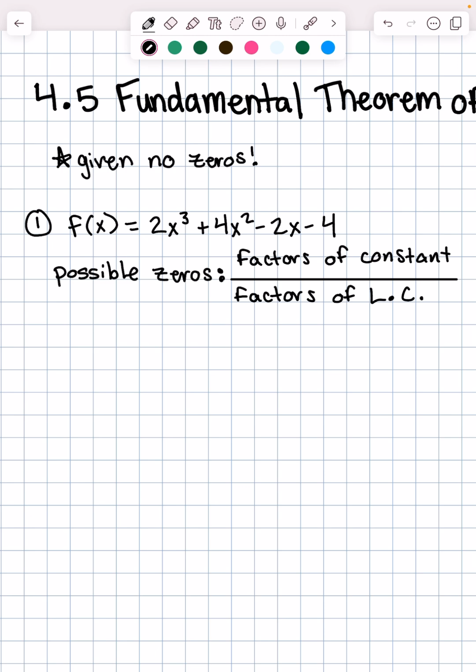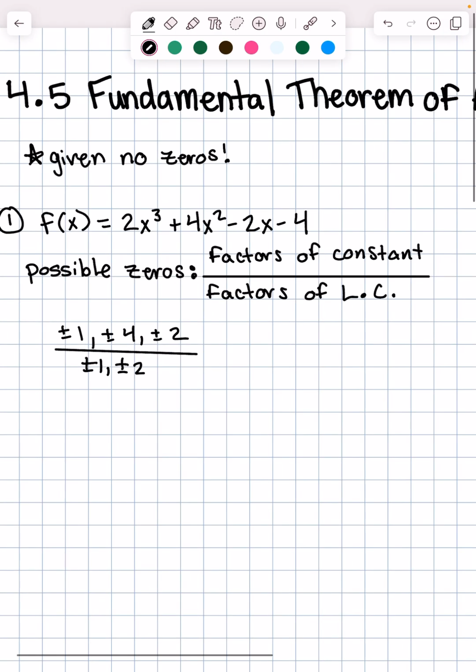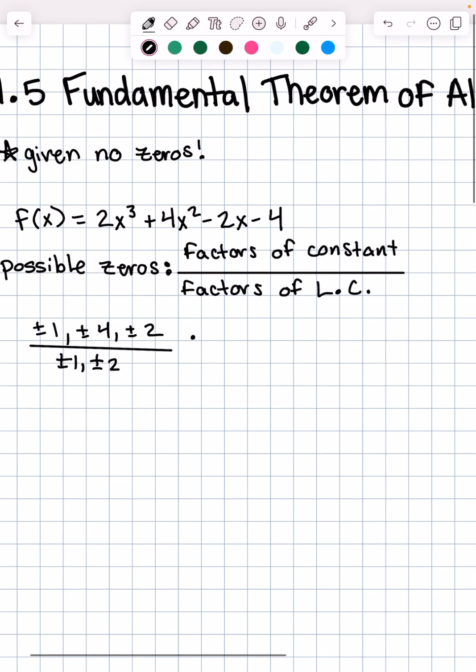So here, my constant is -4, so that'd be plus or minus 1, plus or minus 4, and plus or minus 2. And then my leading coefficient is 2, and the factors of 2 would just be plus or minus 1, plus or minus 2. So my possible zeros here are plus or minus 1, plus or minus 2, and plus or minus 4, right?